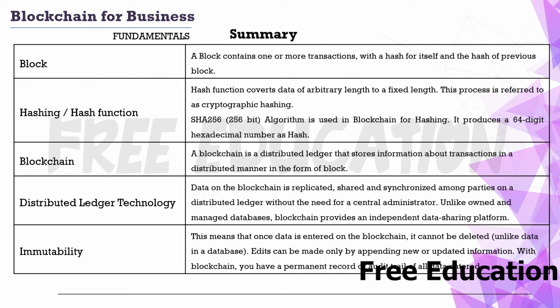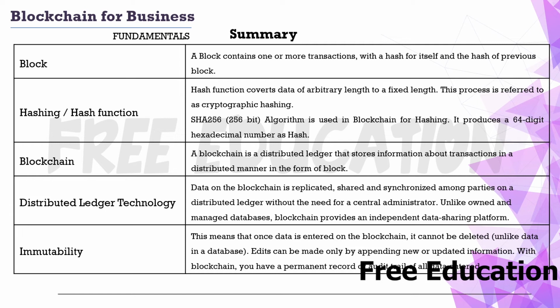This is done through an algorithm called SHA-256, which is a 256-bit algorithm, and it produces a 64-digit hexadecimal number as the hash. I'm sure you remember that any minute change within the data will change the hash value entirely.